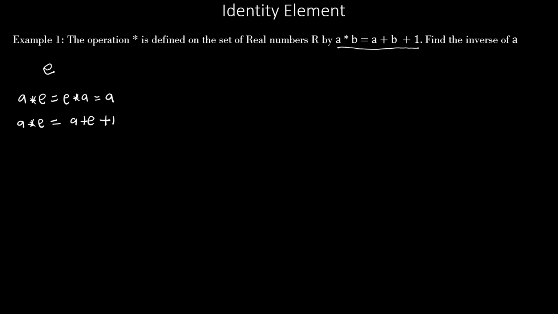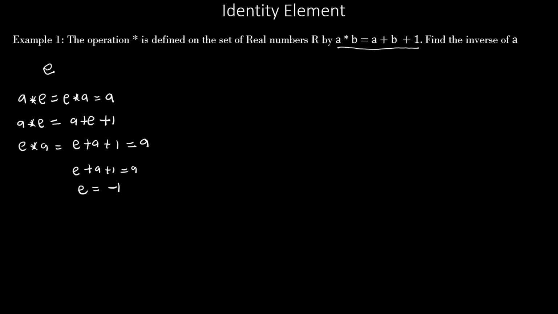The same thing if you have e asterisk a, this equals e plus a plus 1, and since these two are equal, we can equate this to a. We now have e plus a plus 1 equal to a, and we have e equal to minus 1.